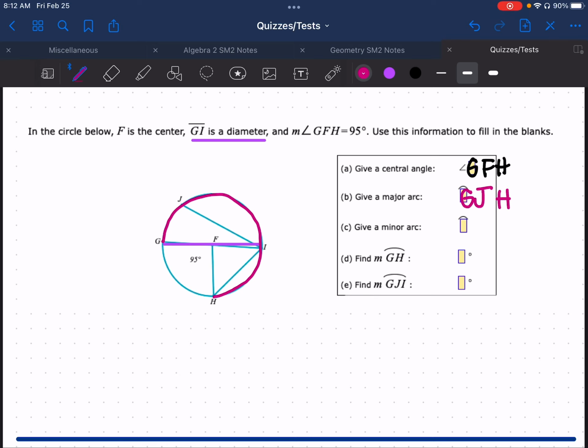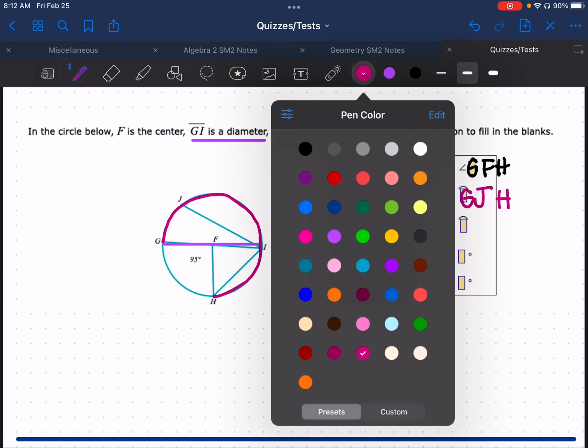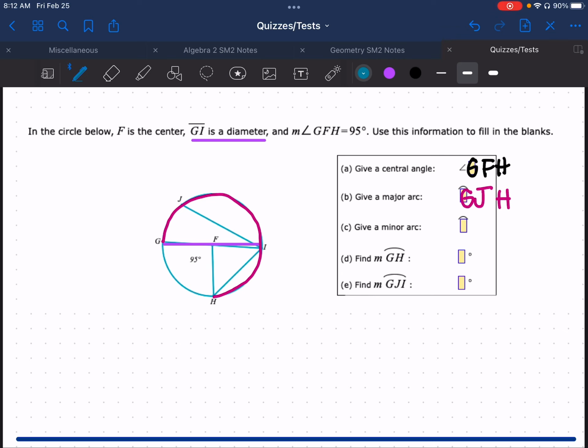Now, to give a minor arc, I only need two letters. I need to keep it under 180 degrees. So a minor arc, I have to do something that's smaller. So I could do this as a minor arc. I could do that as a minor arc. I could also come down here to this half and I could say, there's a minor arc, there's a minor arc.